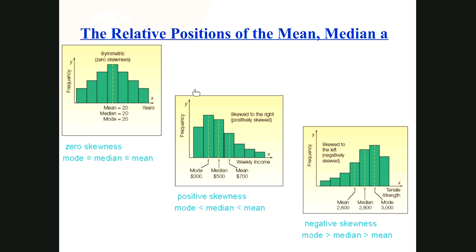They equal each other, all right? In this one, where it's skewed to the right or positively skewed, the mean, the median, and the mode follow this. The mode is less than the median, and the median is less than the mean.